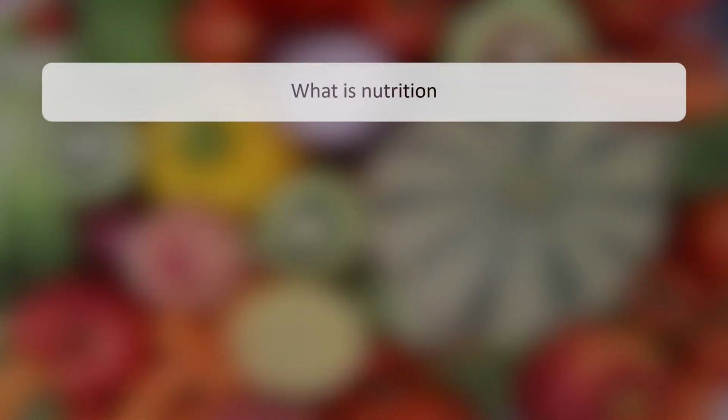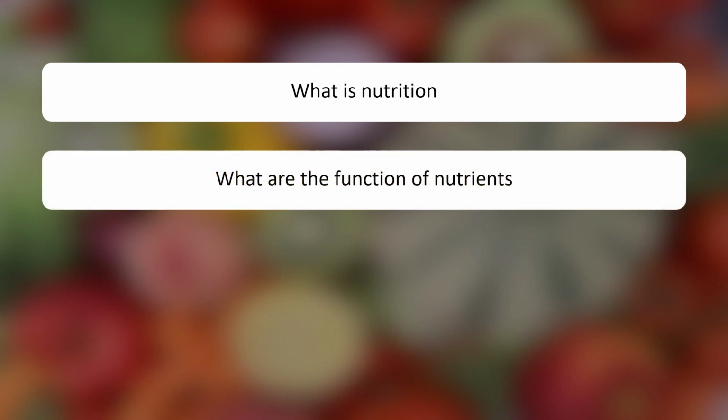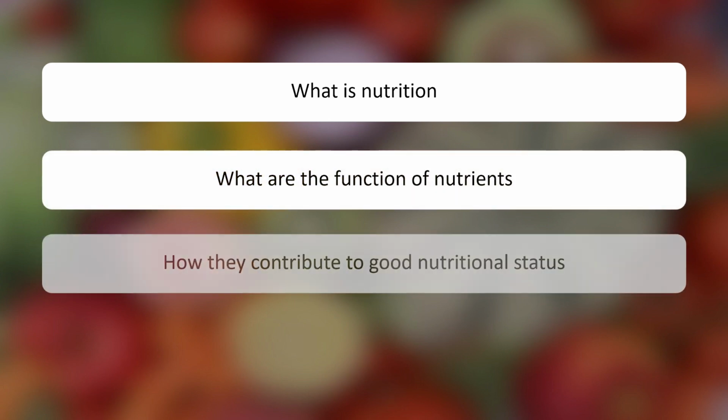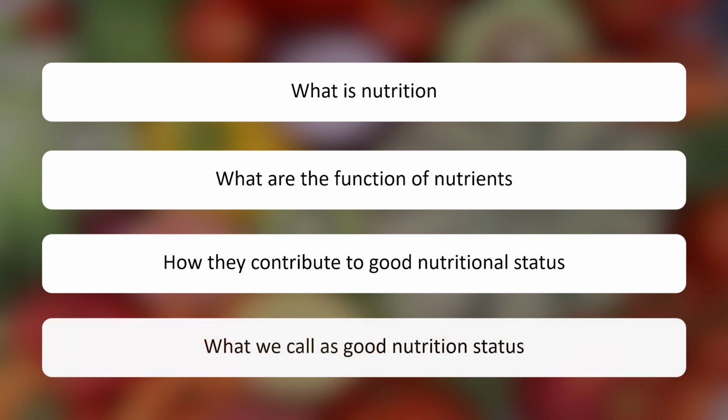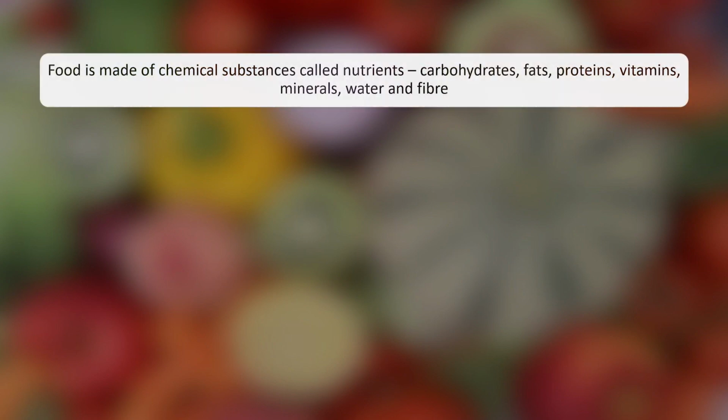Therefore, an understanding about what is malnutrition, what is normal nutrition, how to ensure normal or good nutritional status is very important. So, we hope in this lecture you got a good perspective of what is nutrition, what the functions of nutrients are, how they contribute to good nutritional status, what we call good nutritional status. So, it is clear that food is made of chemical substances called nutrients.